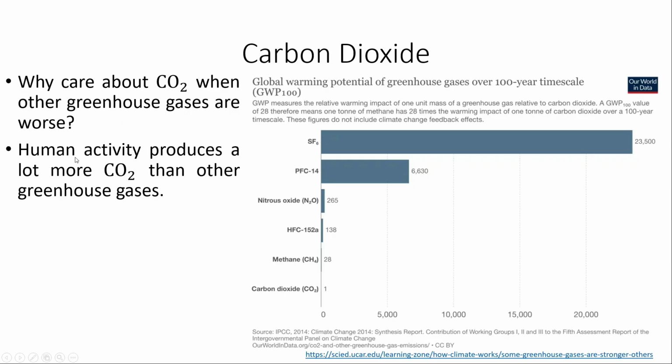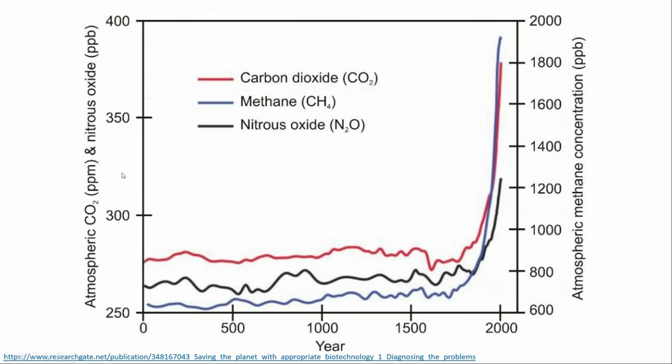So why care about CO2 when other greenhouse gases are worse? One of the reasons is that human activity produces a lot more CO2 than other greenhouse gases. We can see here these 3 different greenhouse gases, the carbon dioxide, the methane, the nitrous oxide. All 3 of these are increasing, but the CO2 is in parts per million on here, whereas the nitrous oxide and the methane are in parts per billion. So these 2 are actually 3 orders of magnitude less than the carbon dioxide.